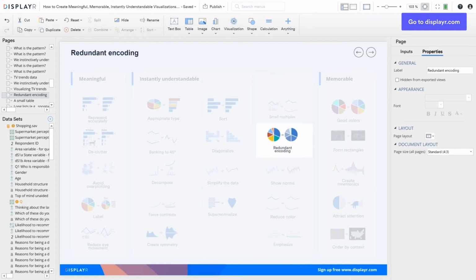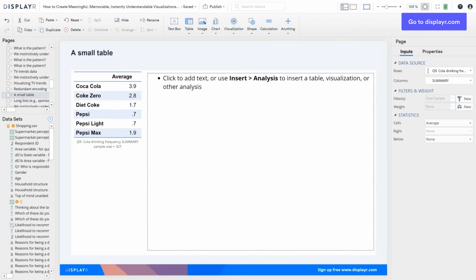What's another technique we should use? We can encode the same pattern into visualizations multiple times. That is to perform what's called redundant encoding. Let's start with a small example involving average consumption of different brands of cola.